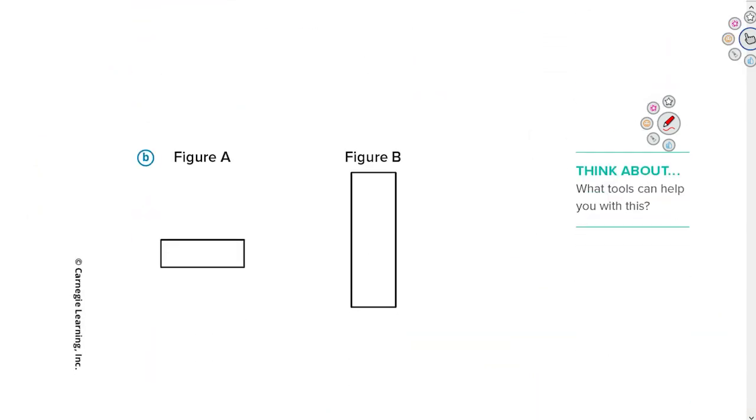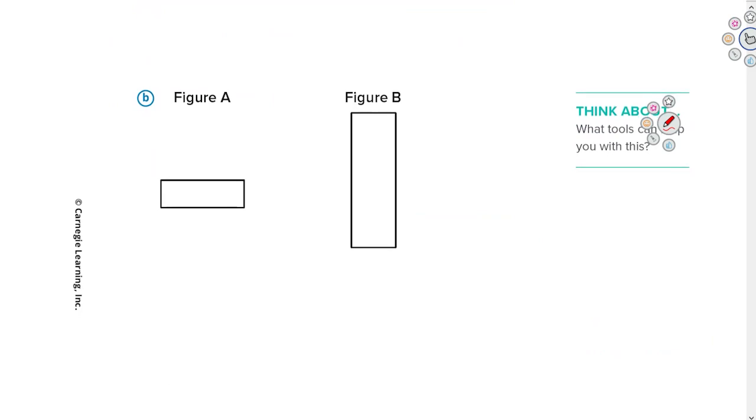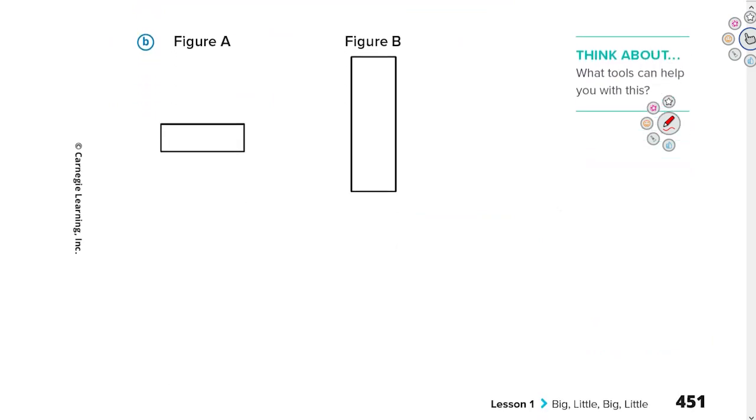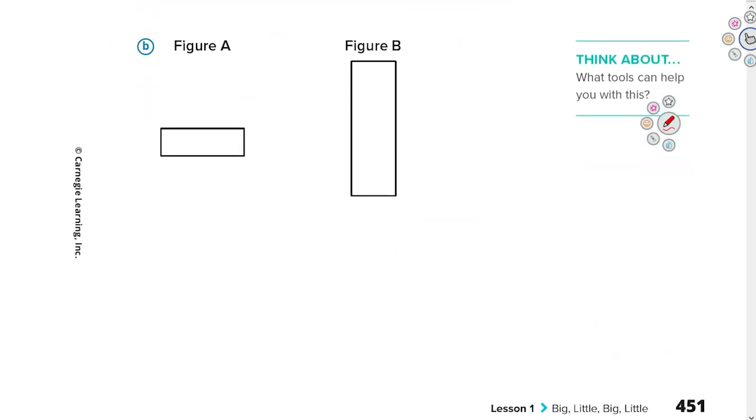Okay, for letter B, we have figure A and figure B. Okay, there are multiple ways to do this. I want you to take your first shot at it. If you want to name a few points, you can. You'll probably need to do some kind of a rotation and some kind of a dilation at least. You can do multiple steps and translate it around if you want. You gotta find some way to map A onto B or B onto A. All right.